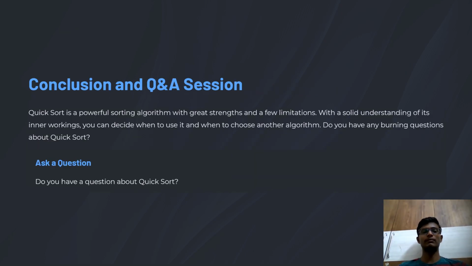Through this presentation, we have discussed the introduction to quicksort, how quicksort works, the pseudocode for quicksort, the algorithm for quicksort, and how the algorithm works. And we have discussed the advantages and limitations of quicksort. The advantage is that it is the most efficient sorting algorithm, and it can be used in a wide range of cases.